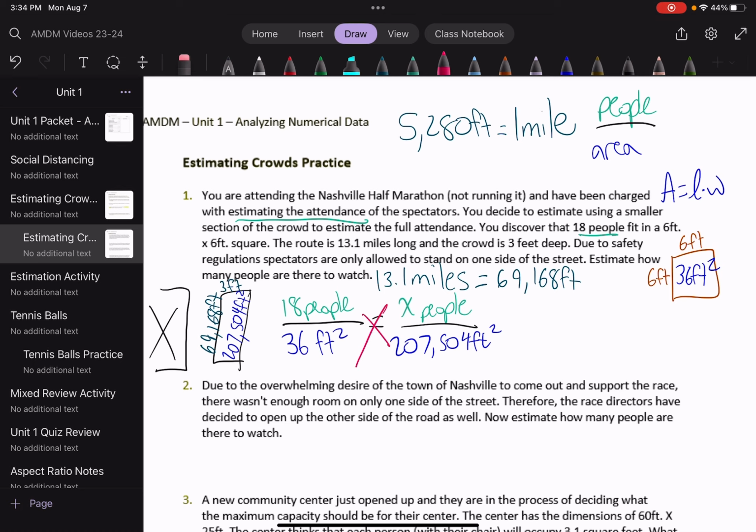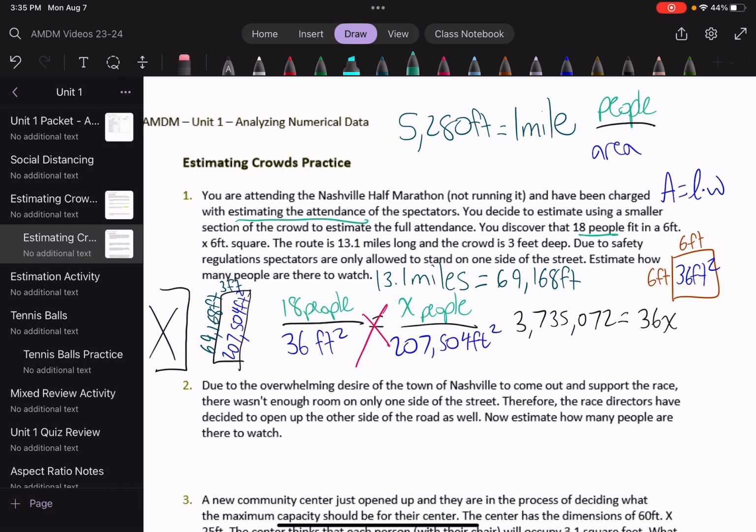I'm now going to cross multiply. So I'm going to take 18 times 207,504. That's going to give me, let's see here, 3,735,072 is equal to X times 36, which is just 36X.